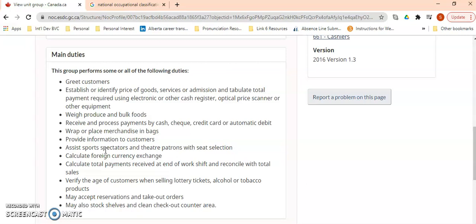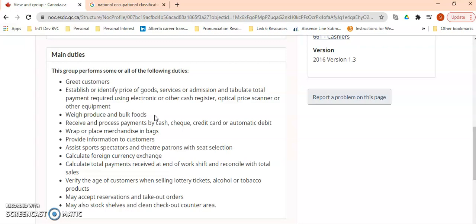So this website outlines all of the key responsibilities that a person in this job does, right? You greet customers, identify prices of goods and services, weigh produce, fruits and vegetables, right, and bulk foods. So this is like an outline almost.